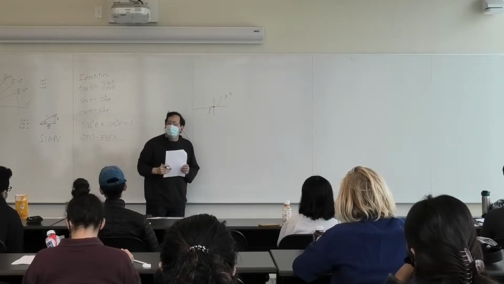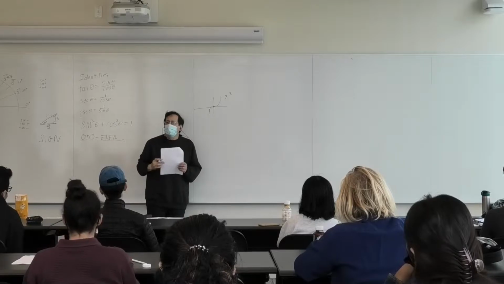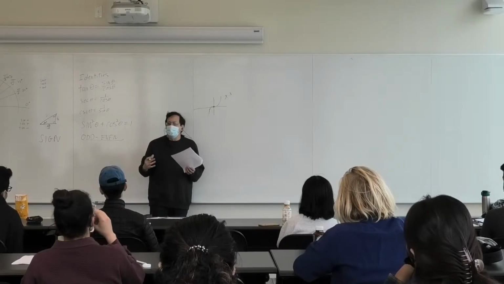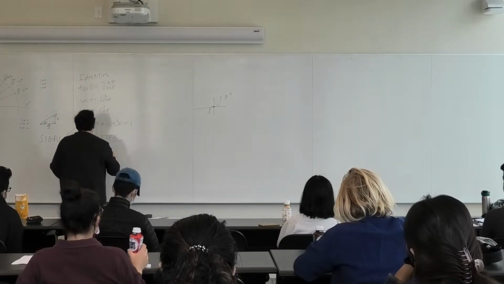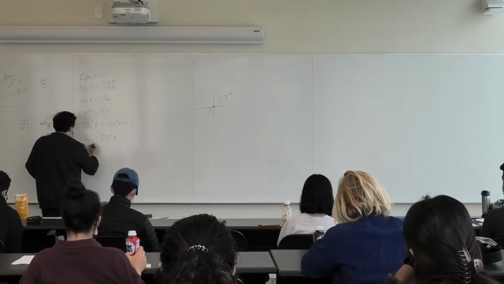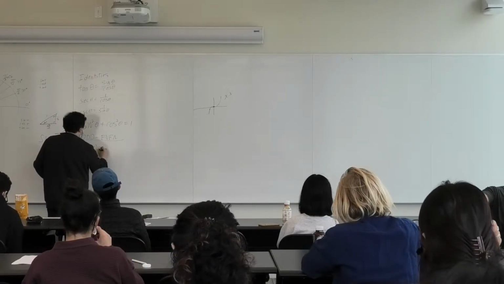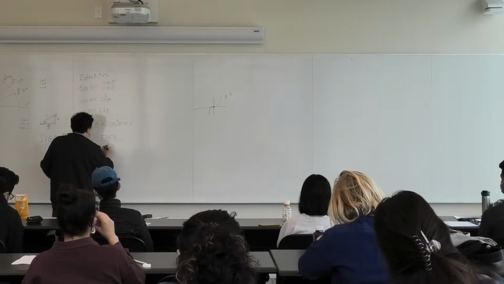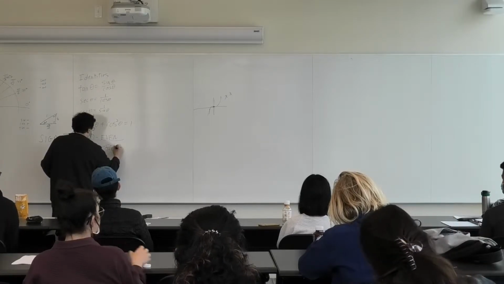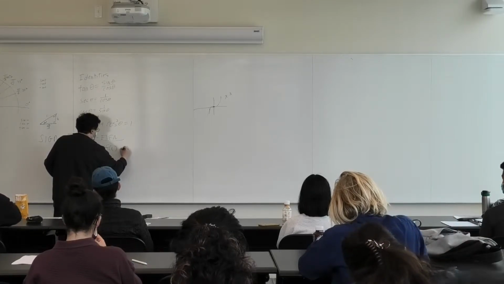origin. Yeah, that's right. We have a simple definition you can always use, which is if f of negative x is equal to negative f of x, then we have an odd function.